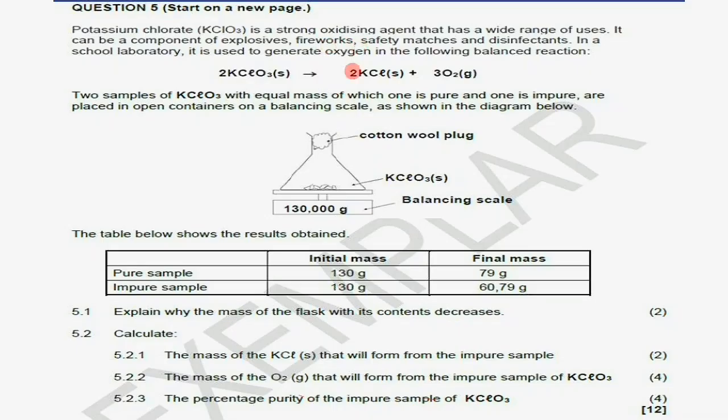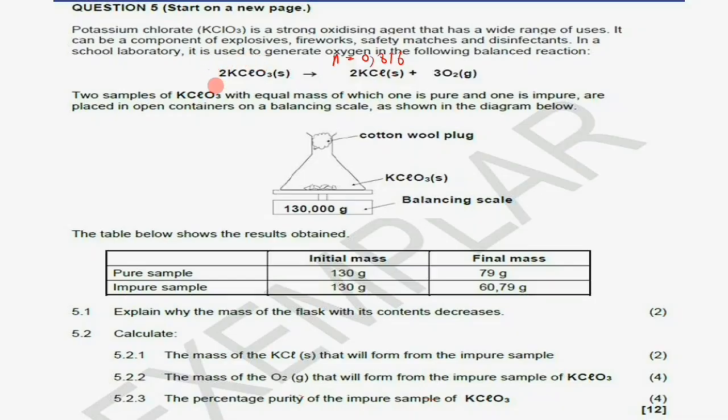Then you will remember that we said that with stoichiometric calculation, once you have the number of moles of one of the substances here, you can just from there on use the ratios to find the number of moles of the other substance. So we calculated the number of moles of this one to be 0.816.